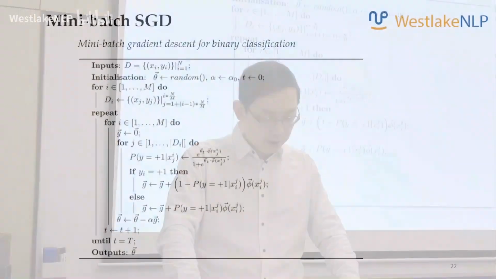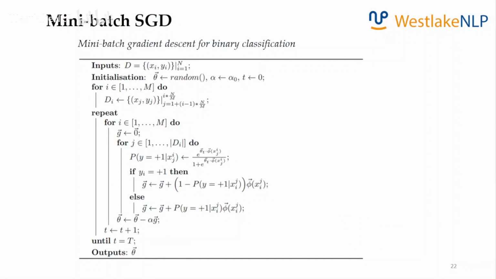So rather than accumulating gradients over the whole data set, you cut the data set into m subsets. For each of the m subsets, you accumulate the gradient and do the model update. This is batch training.